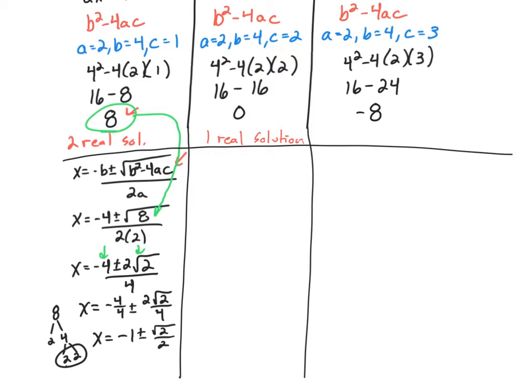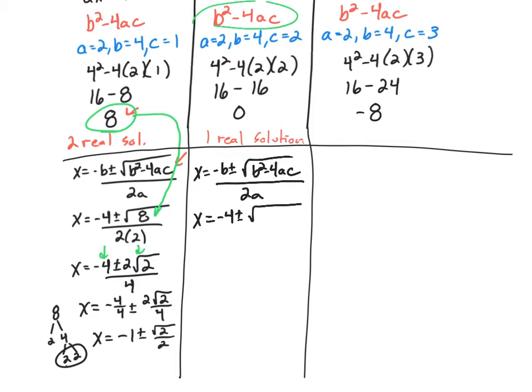So I'm going to write out my quadratic formula. So x is equal to negative b plus or minus the square root of b squared minus 4ac over 2a. So I see that discriminant again, that b squared minus 4ac. So I'm going to start substituting my numbers in. So negative b, I know b was equal to 4, so negative 4, plus or minus the square root of, I know the discriminant, b squared minus 4ac, ended up being 0.